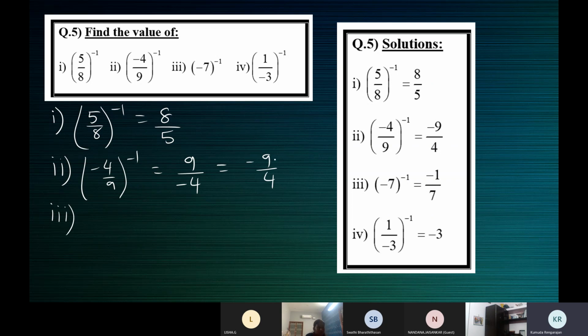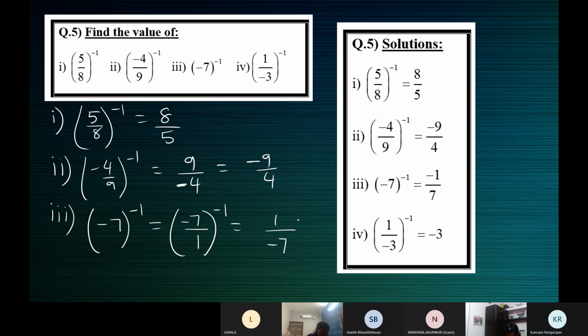Supposing you have to select the correct option and you find this option, select it. Don't say, I didn't find this option. Both are the same. The third one, minus 7 the whole power minus 1 is nothing but minus 7 by 1, the whole power minus 1, which is 1 by minus 7. Or you can also write it as minus 1 by 7. Whatever.